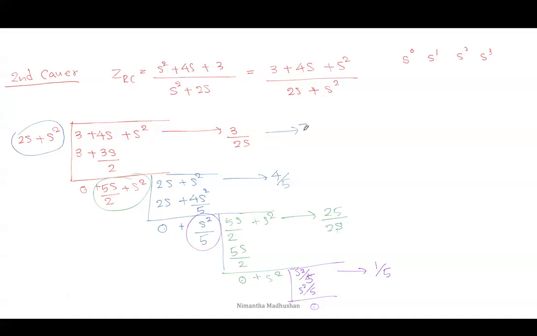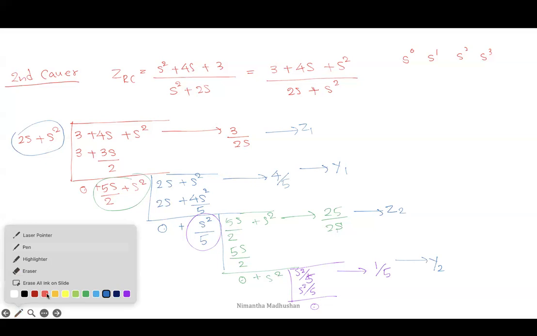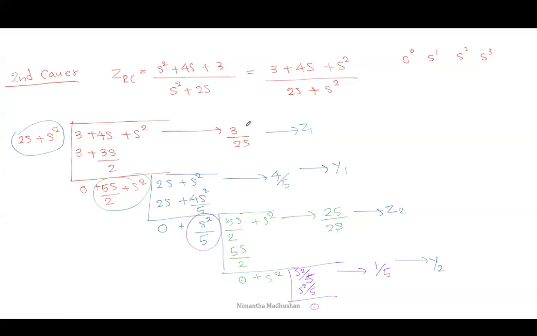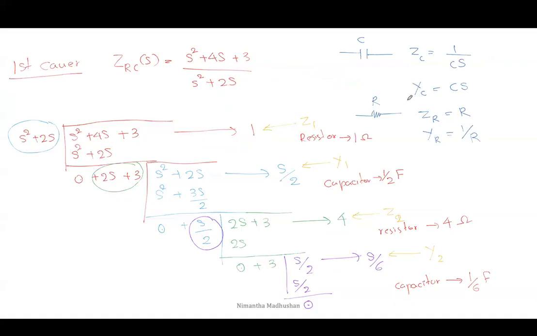Then this one is impedance value Z1. This one is admittance value Y1. This again impedance, Z2, and this one again admittance value Y2. Now we have to select what the elements are. For this one, it is equal to a capacitor.